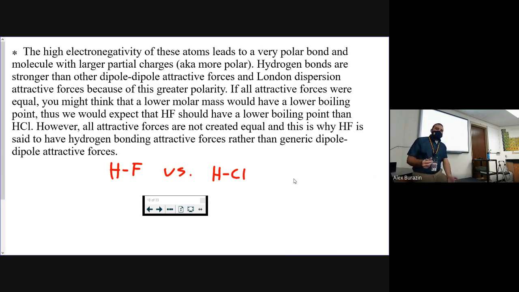They happen when you've got those three most electronegative elements, fluorine, oxygen, and nitrogen. As a result, the electrons are shared more unequally, and you get bigger partial charges in a hydrogen bond than you would in a normal dipole-dipole. So it goes back to Coulomb's law, right? Bigger charges equals stronger force. Hydrogen bonds are stronger than dipole-dipole because the partial charges in those bonds are bigger than in normal dipole-dipole attractive forces.